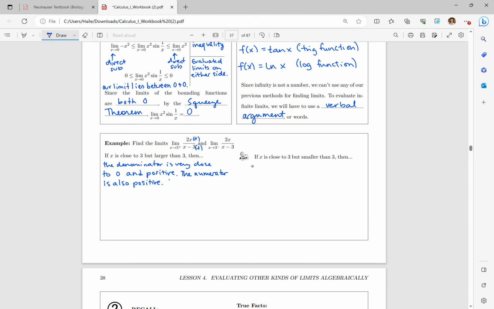So when we divide the numerator by the denominator, we get a very big positive number since the denominator is so small.